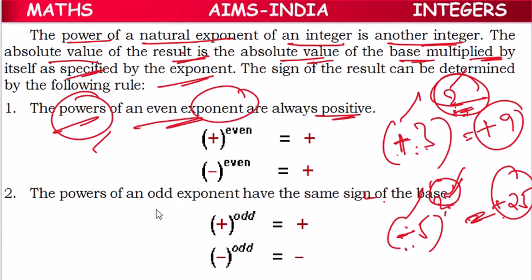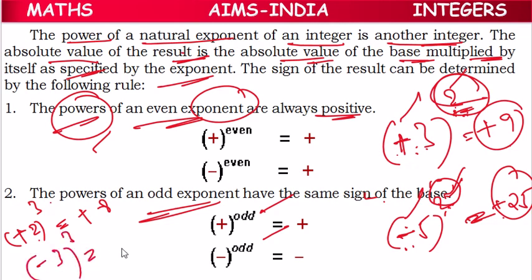Otherwise, if we have an odd exponent, means in the place of exponent, if we have an odd number, like plus 2 whole cube, then its value will be plus 8. Or minus 3 whole cube, its value will be minus 27, because minus 3 into minus 3 into minus 3 is minus 27.